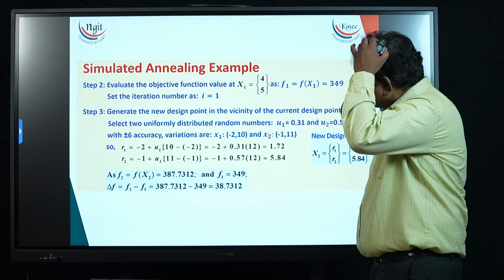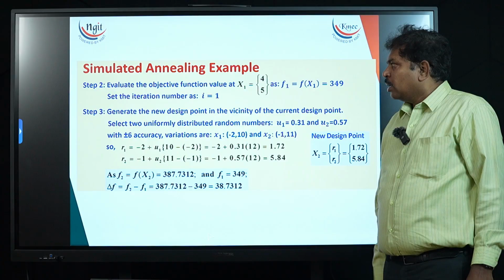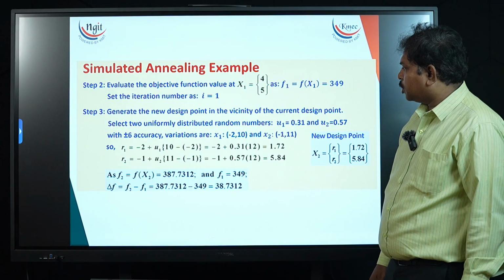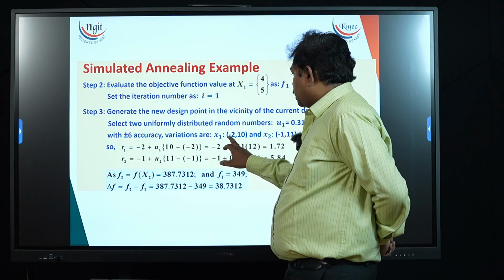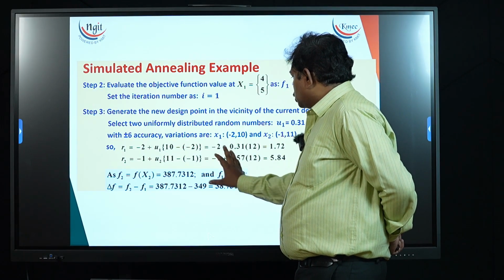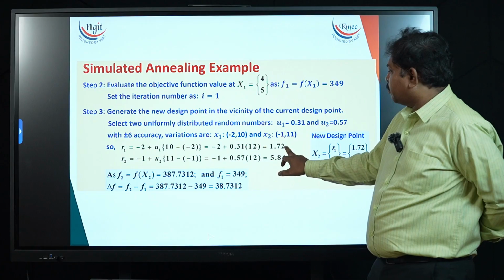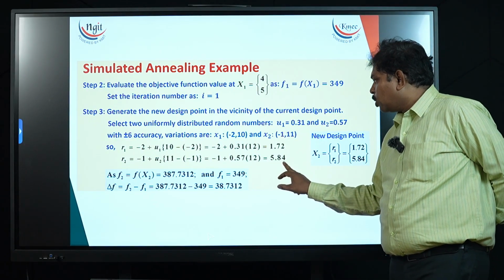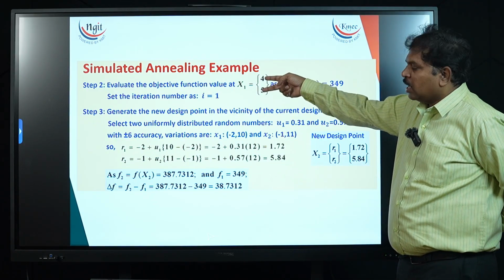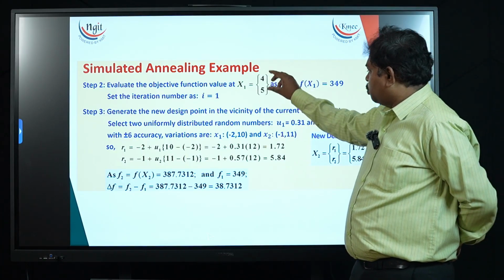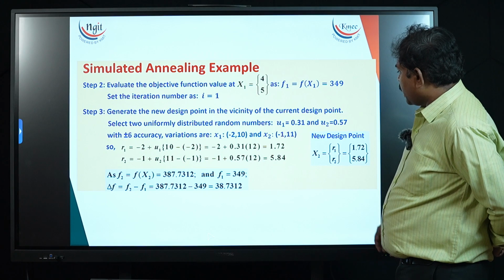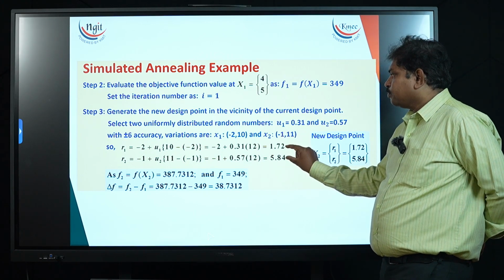We are making a slight change to our designed input, like -2 plus u into 10 minus of minus. So these are new values, 1.72 and 5.84, the new updated values of my random designated input. Now again I apply these 2 new values.